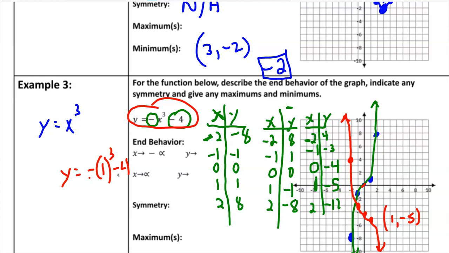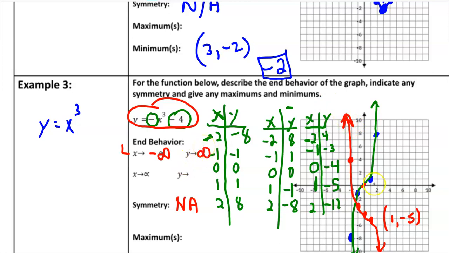Okay, so now this one here has no symmetry because I shifted it. As x is going from the left side towards negative infinity, y is going towards positive infinity. It's going up right here.